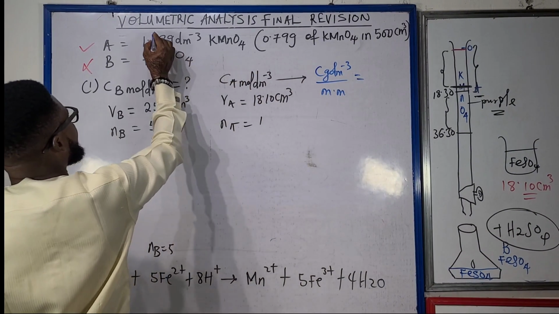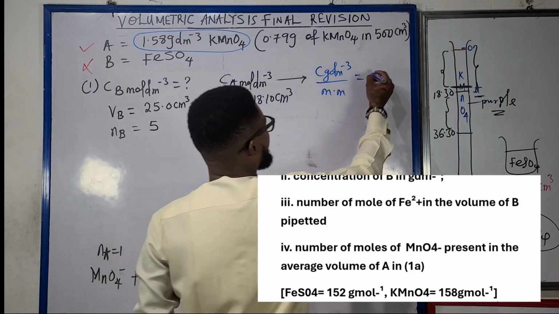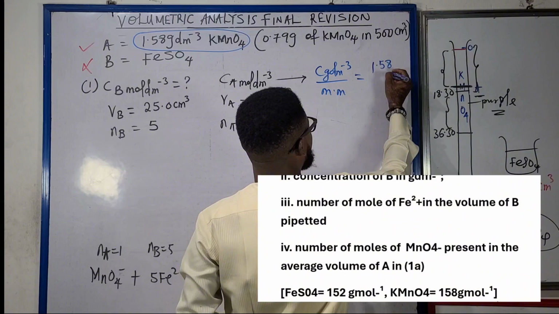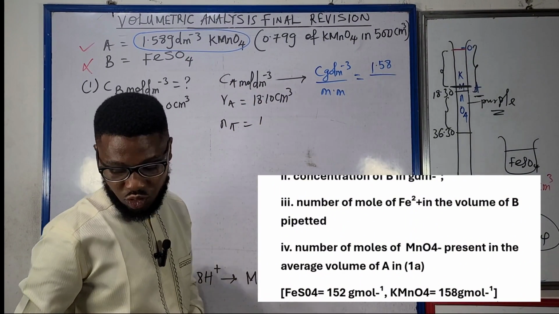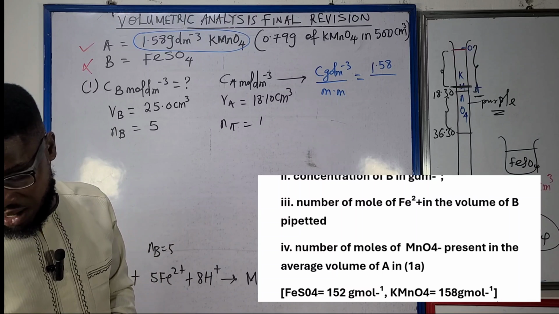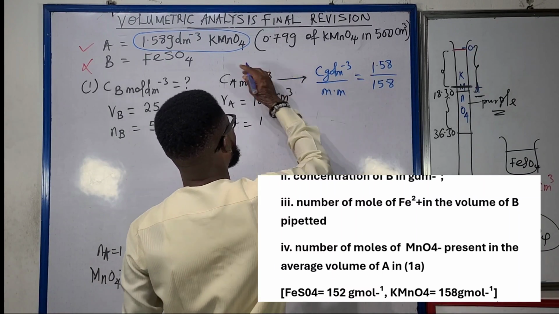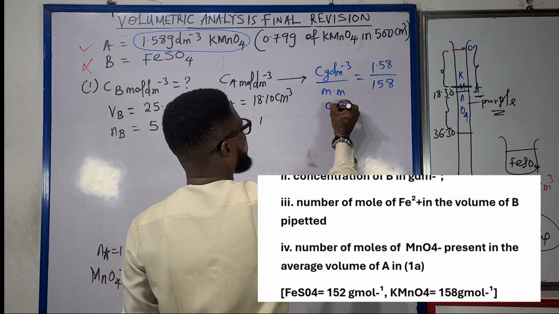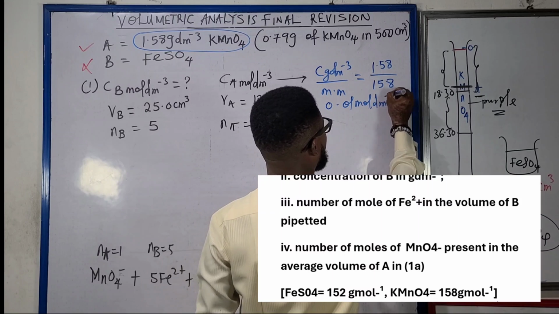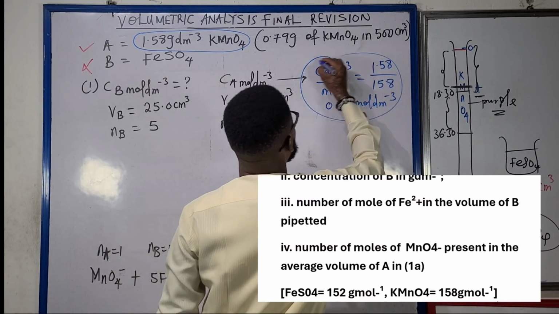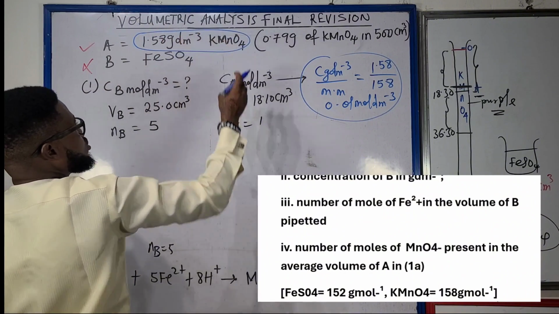If we are given 1.58 g/dm³, that's going to be 1.58 g/dm³ divided by KMnO4's molar mass, given as 158 at the end of the question. In that case, Ca is going to be 0.01 mol/dm³. That is, if we were given 1.58 g/dm³ KMnO4.